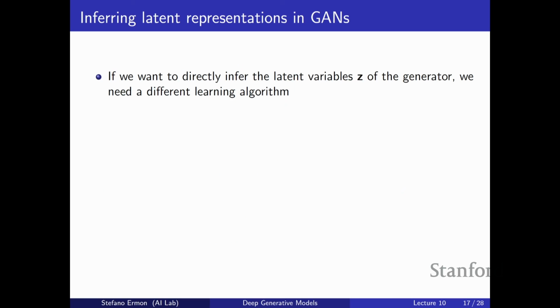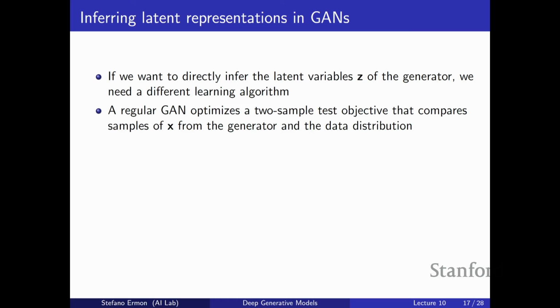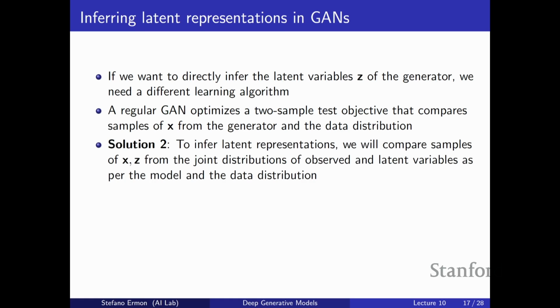But if you want to get the Z variables from the generator, kind of like in the VAE, then you need a different learning algorithm. The problem is that in a regular GAN, you're basically just looking at the X part. And somehow we need to change the training objective to also look at the Z part, at the latent variables.